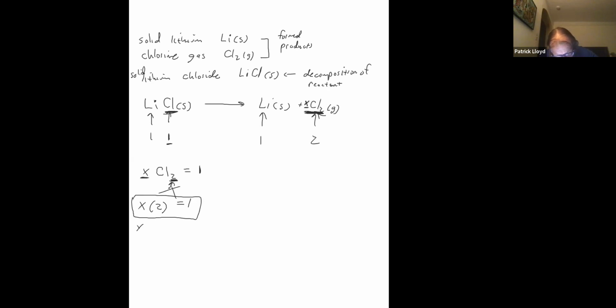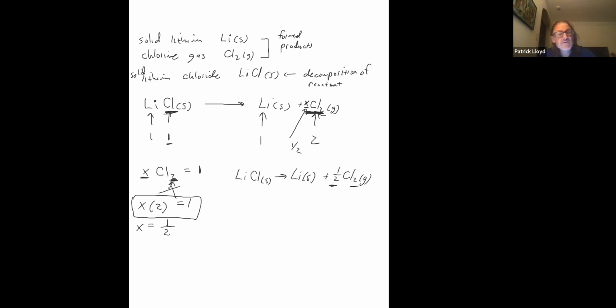Just divide both sides by 2, and you get a half. In other words, if this X were a half, mathematically it would work, right? You would have lithium chloride goes to lithium solid plus 1/2 Cl2. A half times 2 is 1.